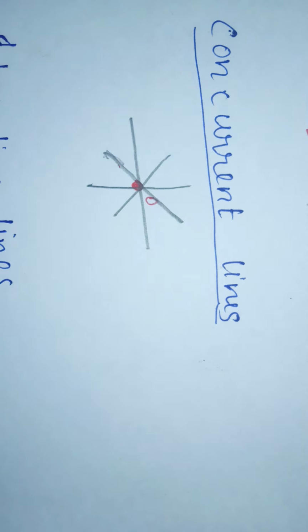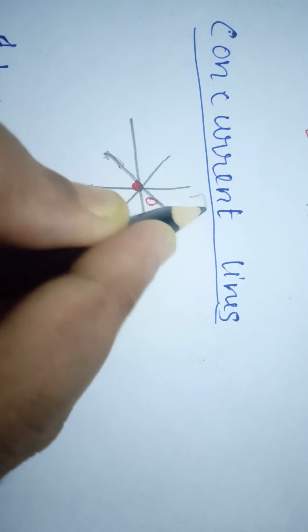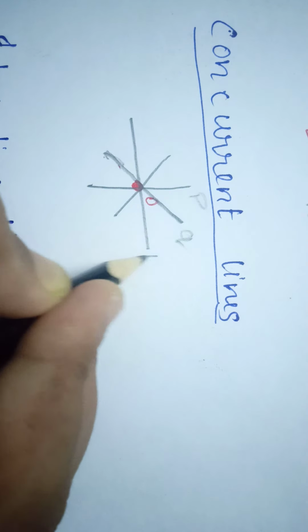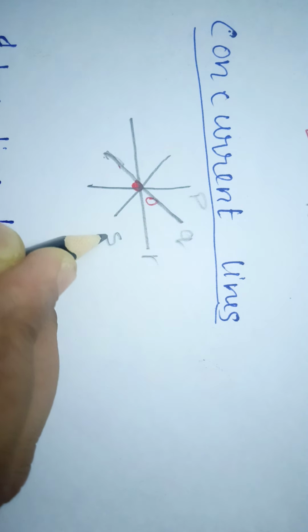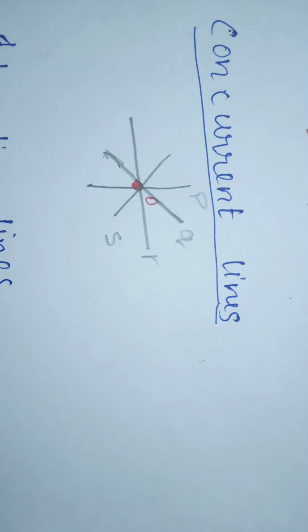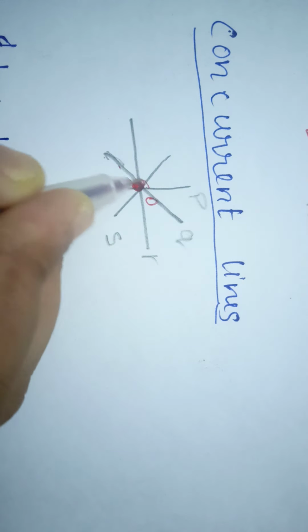Now I will say that in the figure the lines P, Q, R and S intersect, that means they pass through the point O.